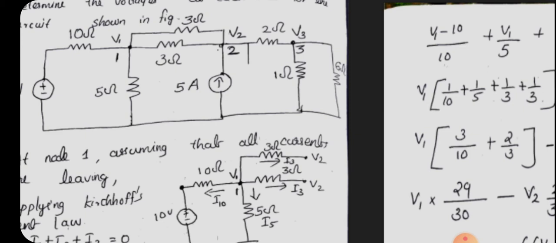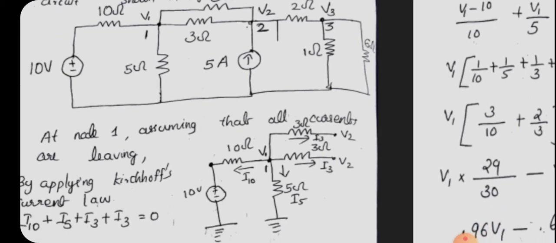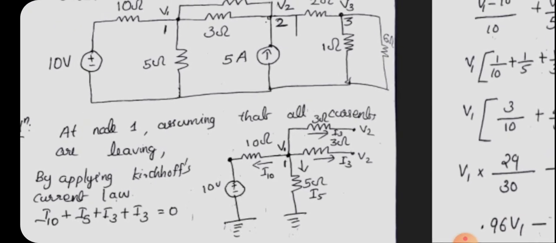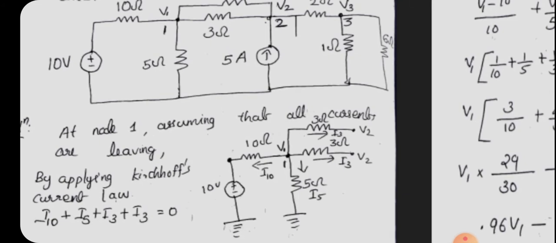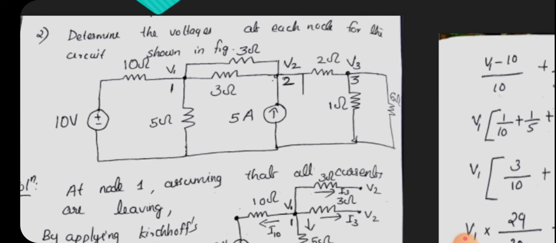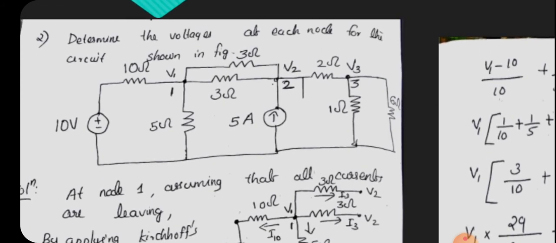We should also mark node 2, with voltage V2 at the end point of the 3 ohm resistor. Now we can apply Kirchhoff's current law to node 1. Kirchhoff's current law states that the algebraic sum of the currents is equal to 0. Here we assume all the currents are leaving node 1.